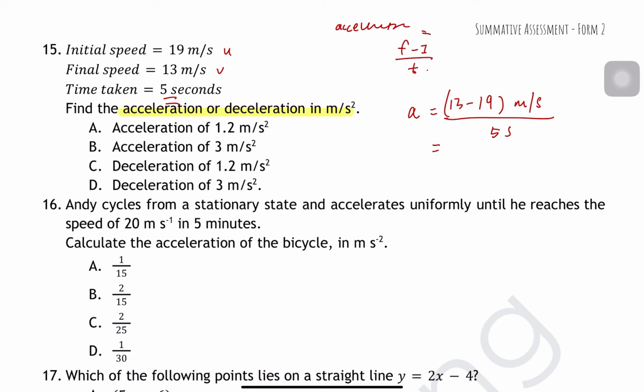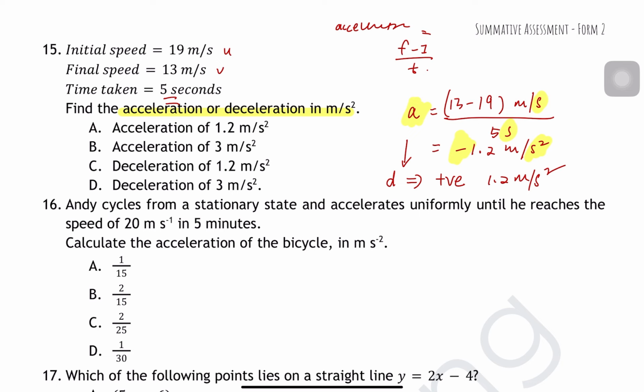So you can just press your calculator, 13 minus 19, then divided by 5, and you have negative 1.2 meter per second squared. Because you have a second here, you have another second here, so over second squared. With acceleration equal to a negative number, this means a deceleration of a positive 1.2 meter per second squared.